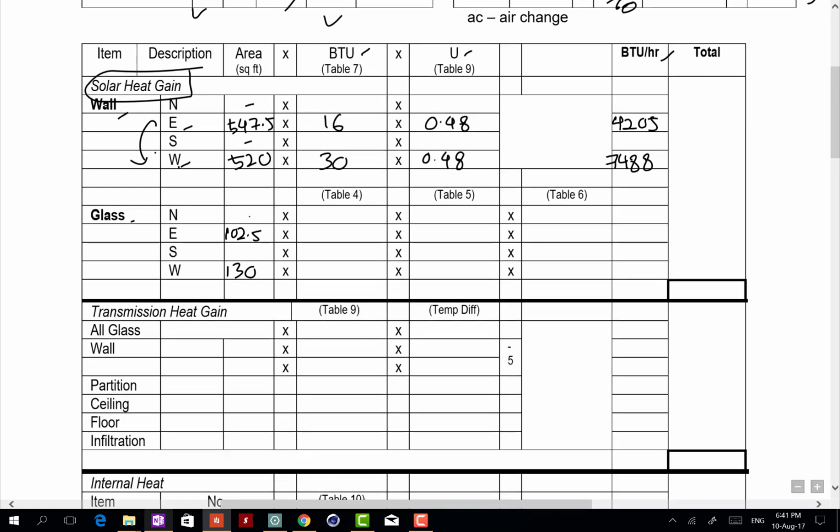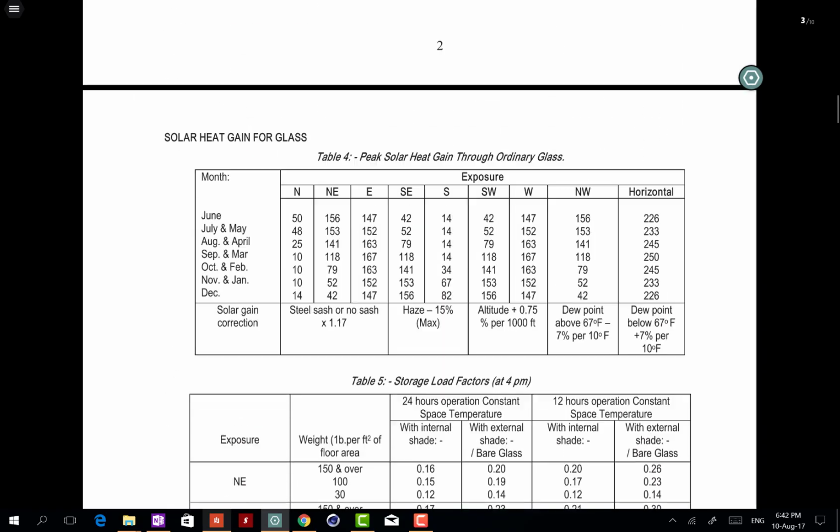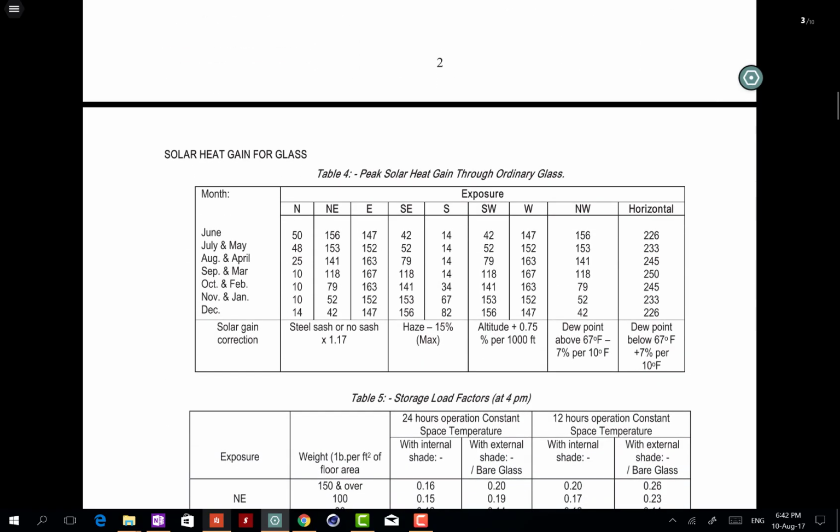So switching to table 4. Okay, so we need to find the east and also west direction. Many people ask which months we need to use. So based on this east and also west, we need to take the highest value of exposure, because we design the air conditioning at a maximum point.